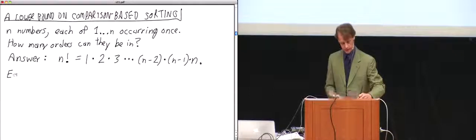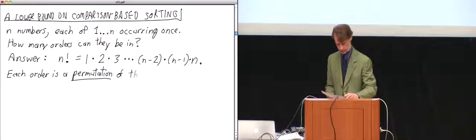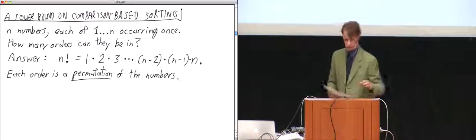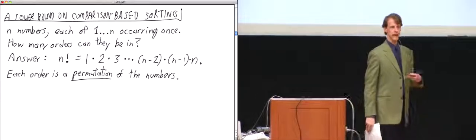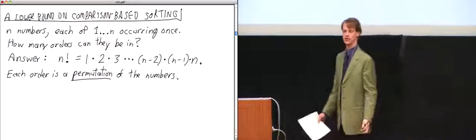Now, each of those n factorial different orders that we can choose is called a permutation. For example, 5, 3, 1, 2, 4 is a permutation of 1, 2, 3, 4, 5.